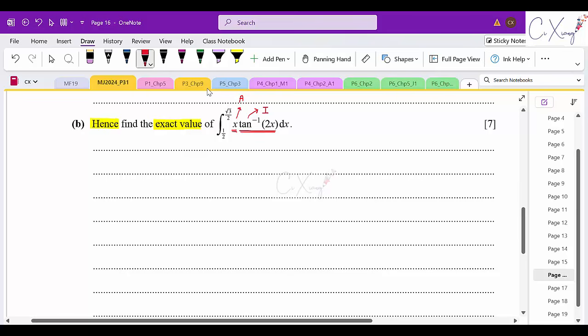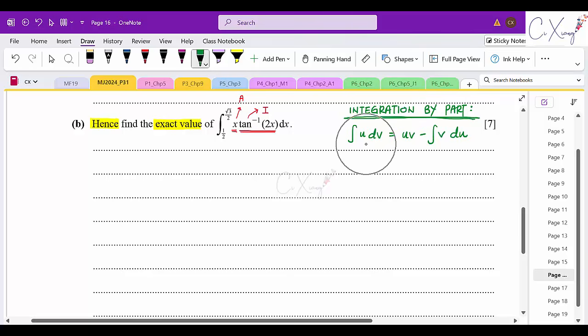So when you have a product of two different functions and you want to integrate them, basically you have to use integration by parts. The formula is provided in the formula booklet, but I just want to show you here first. When you want to integrate u dv, the answer is uv minus the integral of v du.